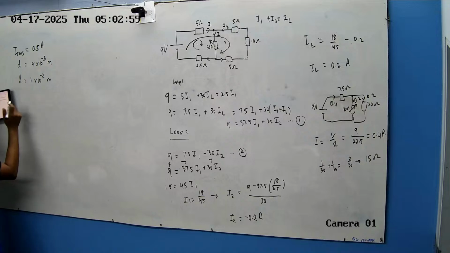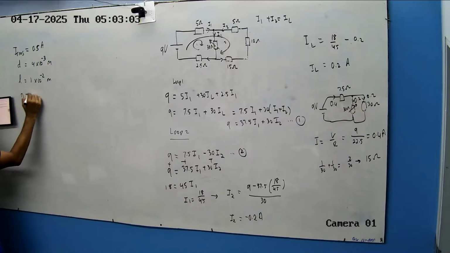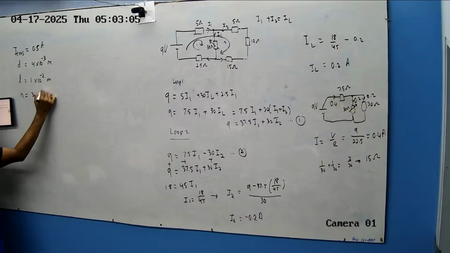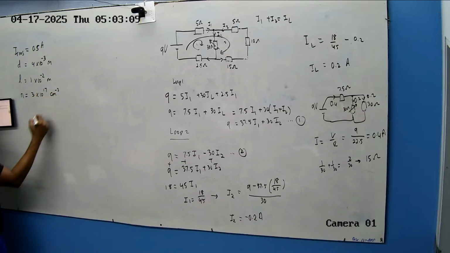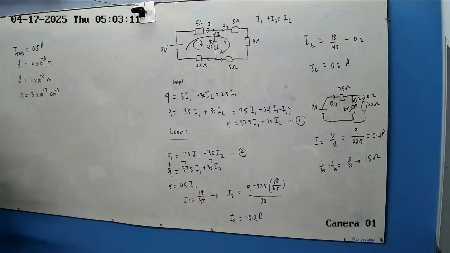Then they said the number density n is equal to 3 by 10 to the 17 per centimeter cubed. So we have to multiply by 10 to the power minus 6. I just convert centimeters to meters, or you can work everything in centimeters, up to you. We multiply by 10 to the power minus 6, because I remember writing the velocity here as centimeters per second.